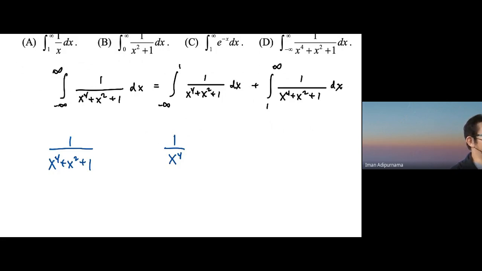And this is at least, right? At least this. At least if we check here, it is larger than this one. So the right one is greater, right? Okay.